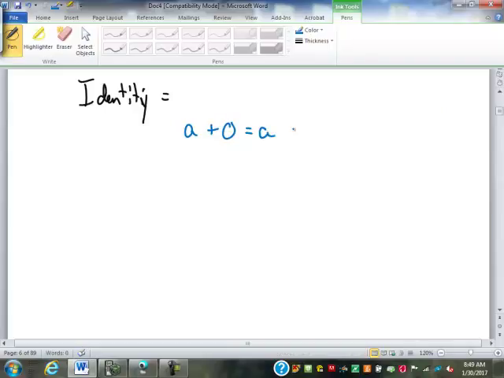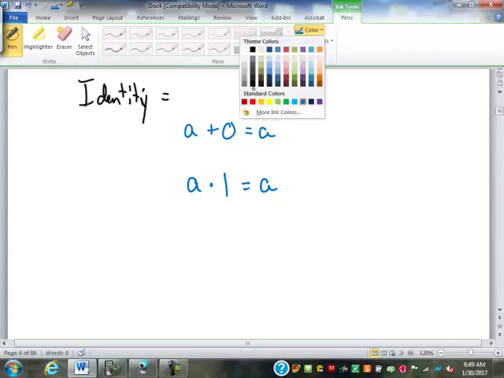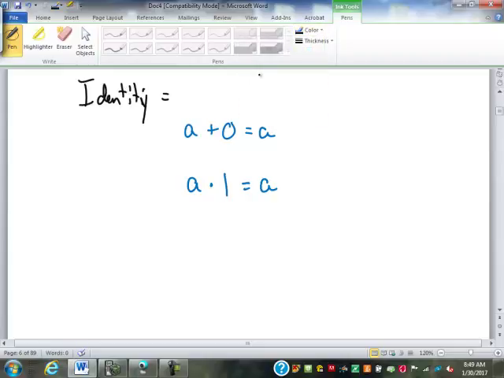So again, all that's saying is any number, if I add 0 to it, I'm going to be left with the same number. Or if I take a number and I multiply it by 1, I'm going to get the same number. So that's one of the applications of a variable, is just to fit a generalized number. It can be any number. We're defining a rule.